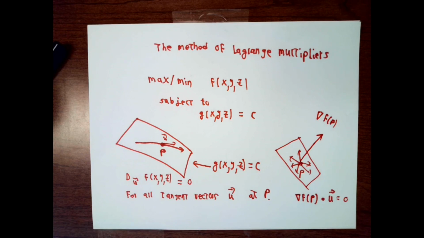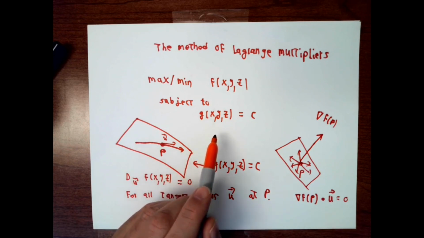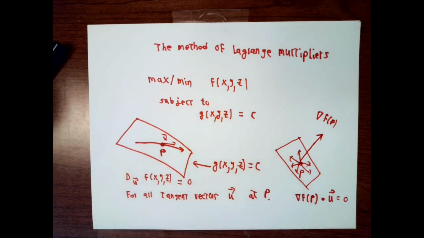On the other hand, my surface is g of x, y, and z equals a constant. Assuming that the gradient of g isn't the zero vector, the gradient of g at point P sticks up at right angles to the tangent plane as well.